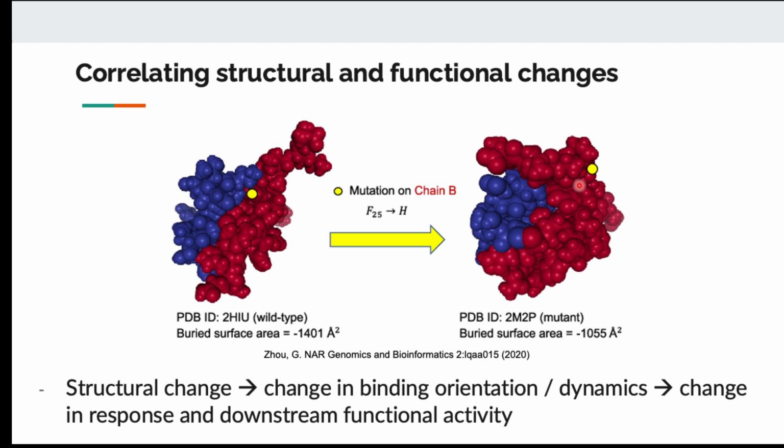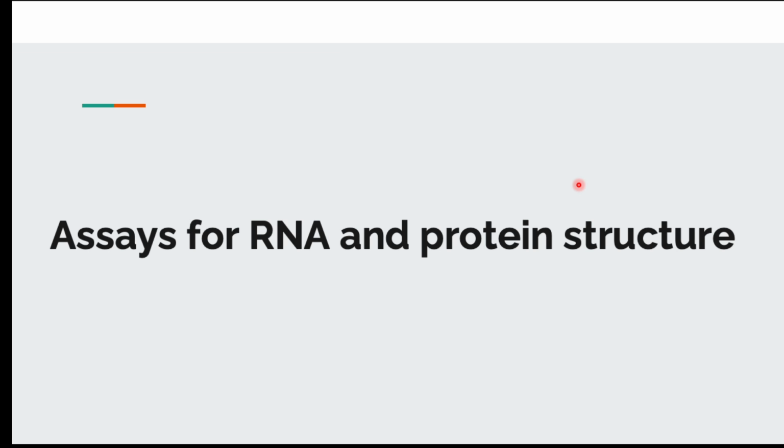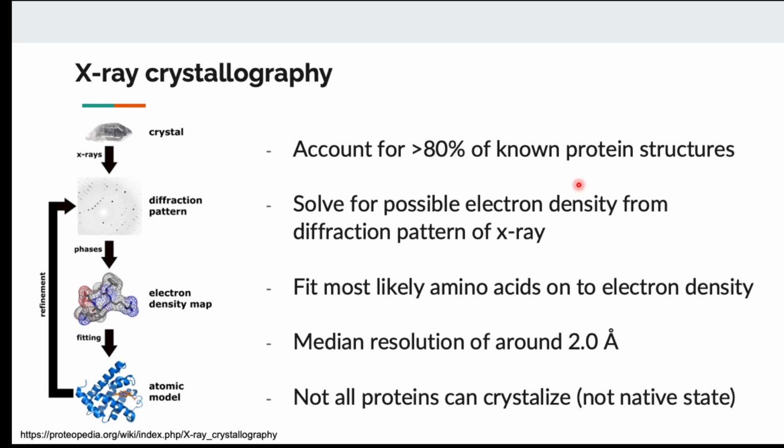Okay. So let's see what kind of tools we have to understand RNA and protein structure. The first thing that you probably have heard before would be X-ray crystallography. We have to crystallize, and that's the most difficult part. We need to crystallize the RNA molecules or the protein molecules. And then we put the X-ray onto the crystal.